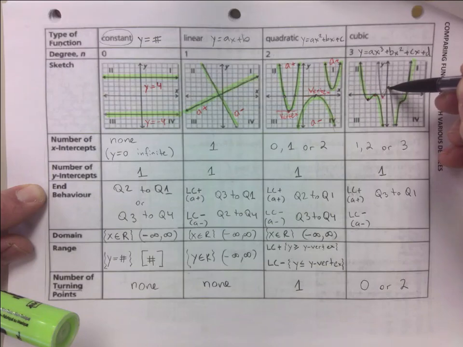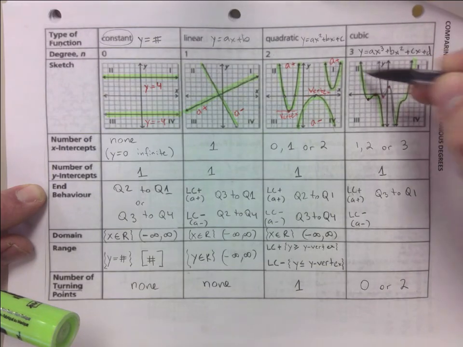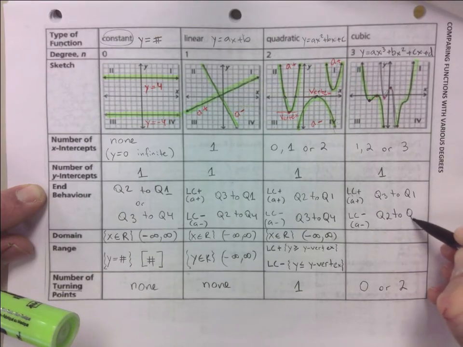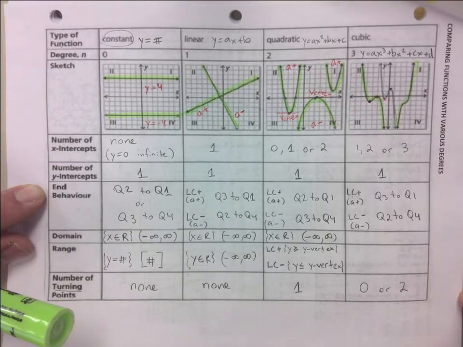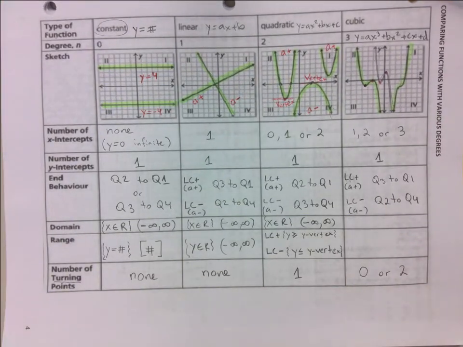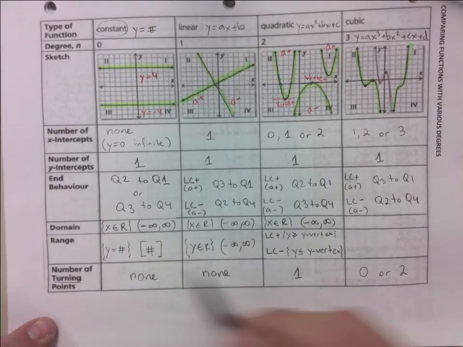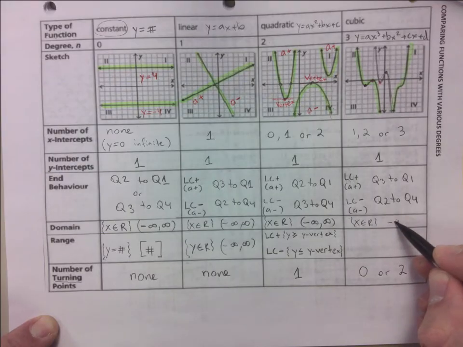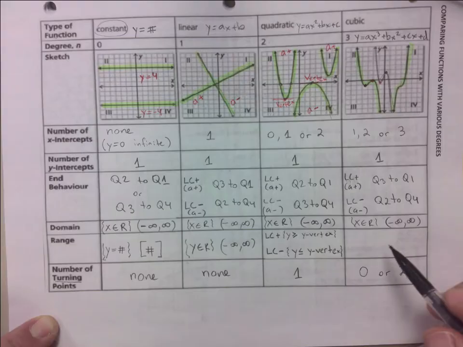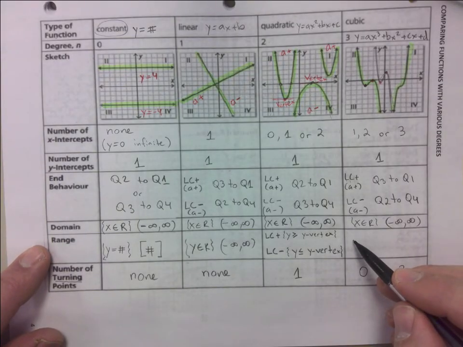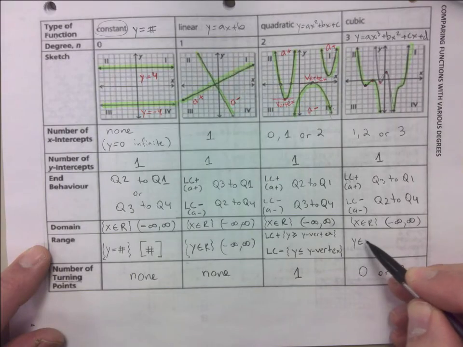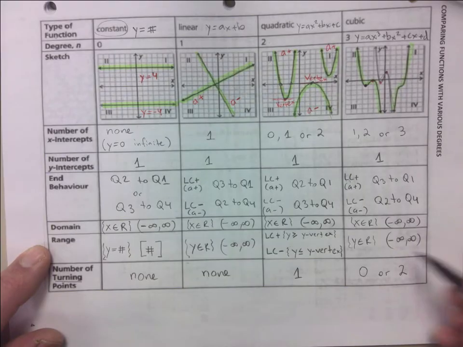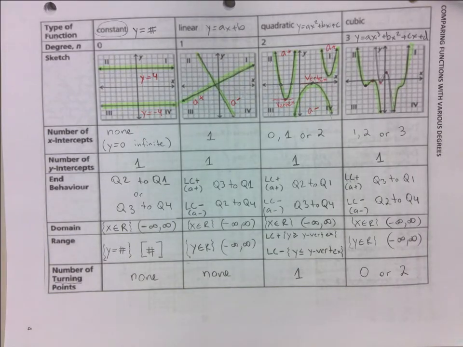It starts here and it ends in 4. So it goes from 2 to 4. And right now you just have to trust me. Domain is all real numbers. And the range is also all real numbers. This all changes once we do word problems, as you can probably remember from last year.